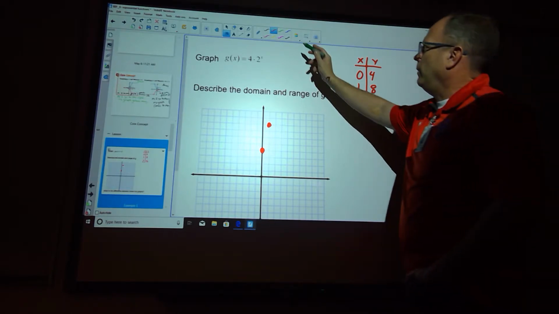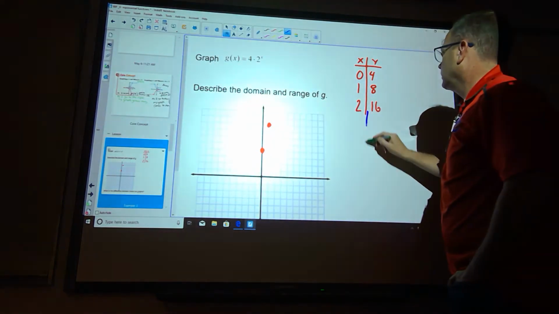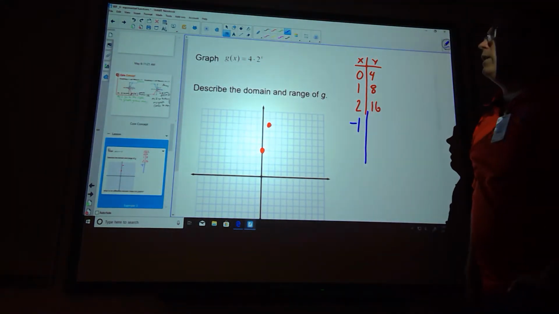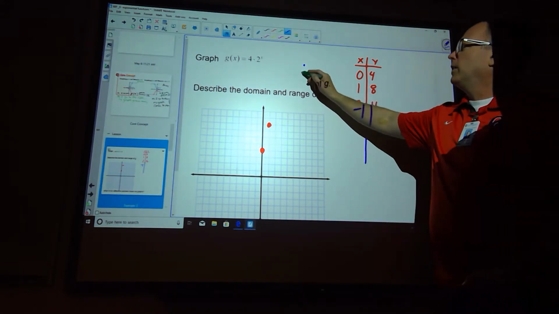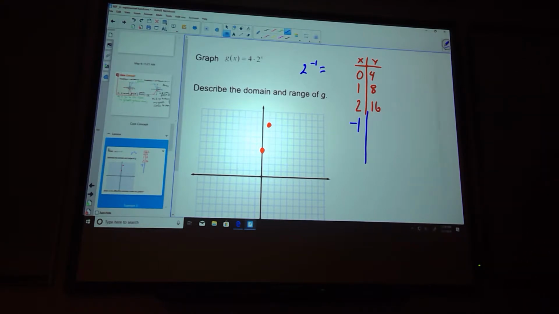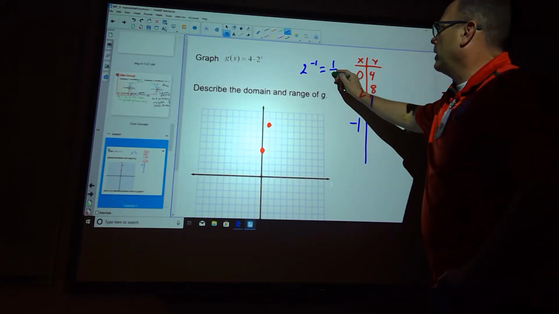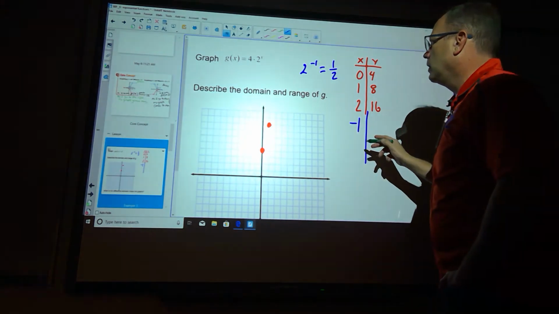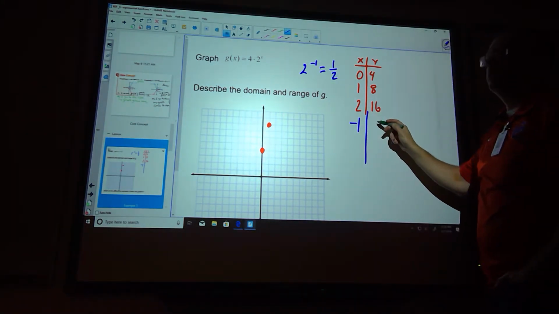But let's go the other way. -1. How do I write this? It's the negative exponent, so what does it do? Go below, good. So that becomes 1/2. So 1/2 times 4 is 2.